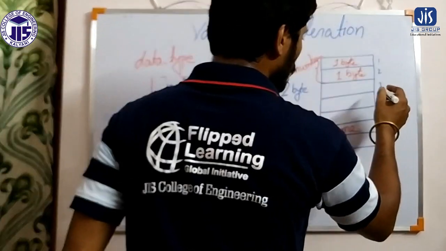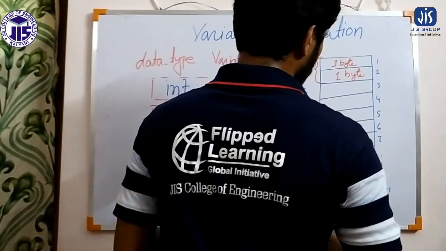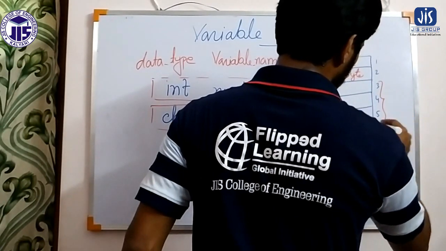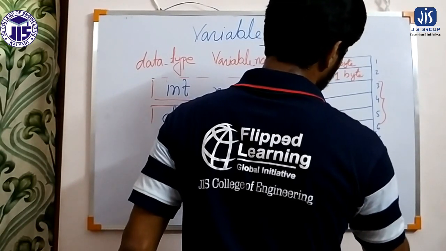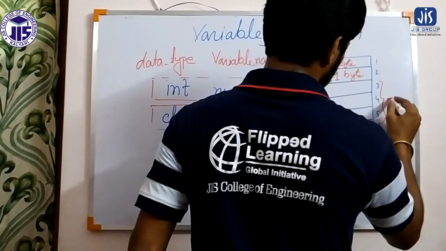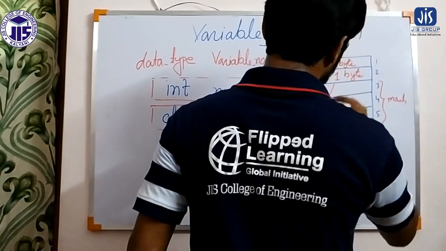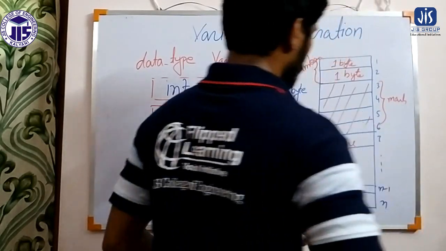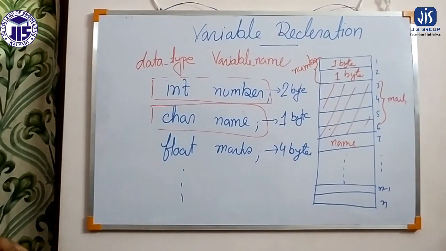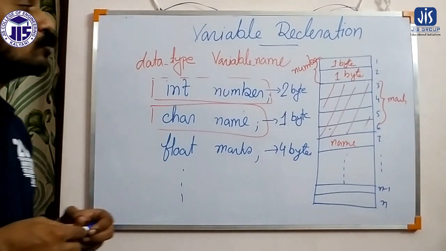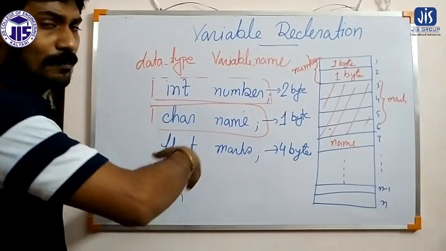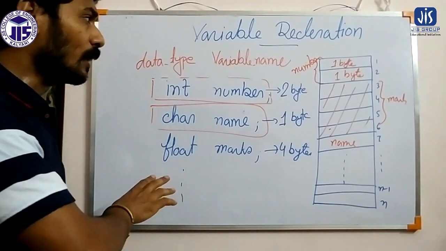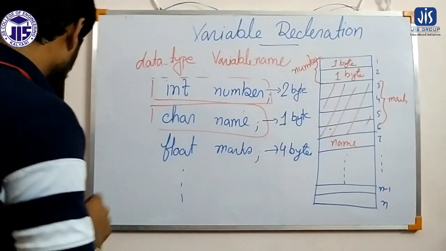So it will allocate, for example, these 4 bytes for marks. That is the way we allocate memory for a particular variable, and what amount of memory will be allocated for that variable completely depends on the data type. Okay, I will give a very small example of that also.